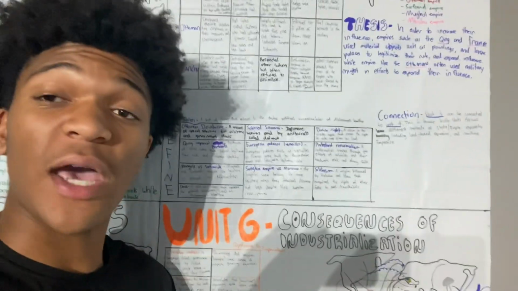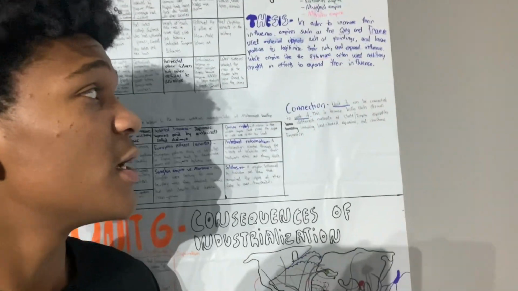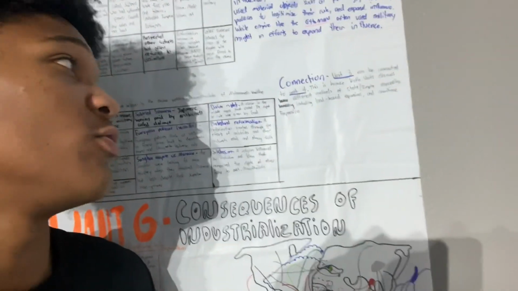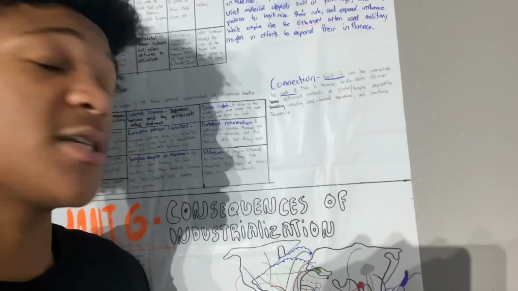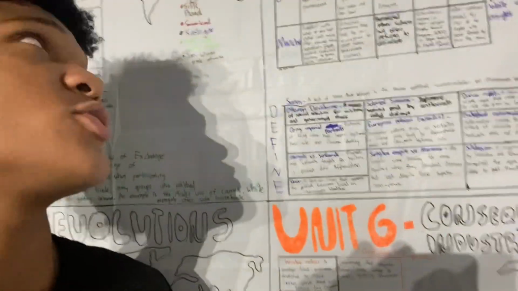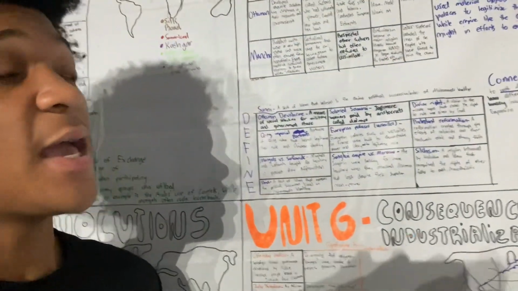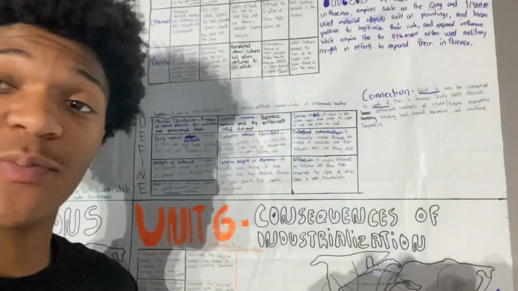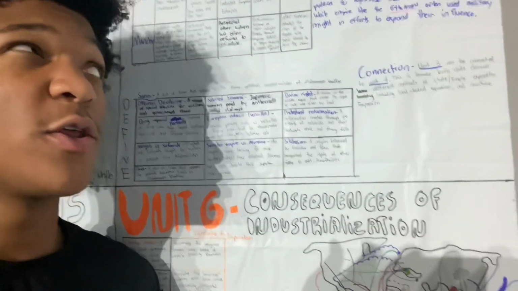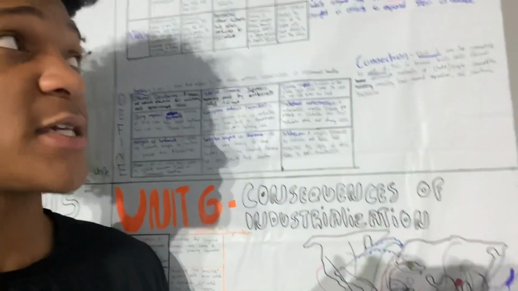And finally, we have a connection for Unit 3, which states that Unit 3 can be connected to Unit 4 because both units discuss different methods of states/empire expansion. In Unit 3 here, we talk about the Manchus, the Ottomans, the Mughals, and the Safavids, and how they wanted to expand and legitimize their rule through large-scale architecture and paintings.